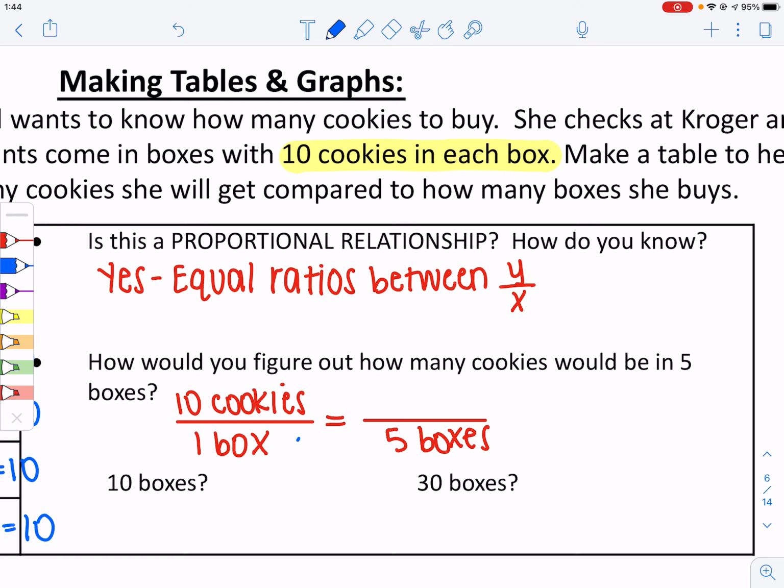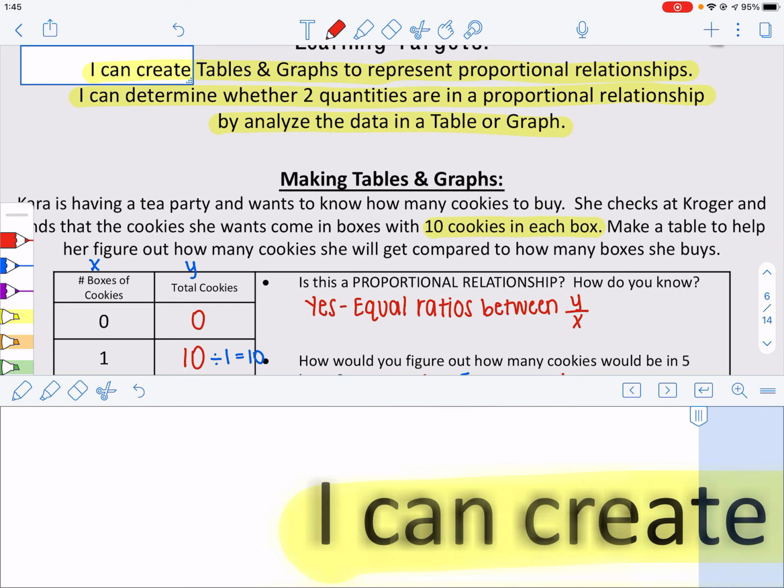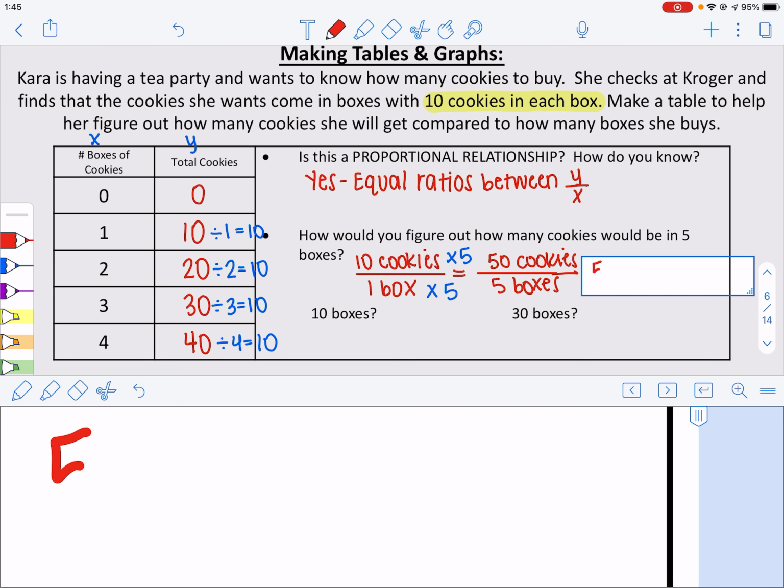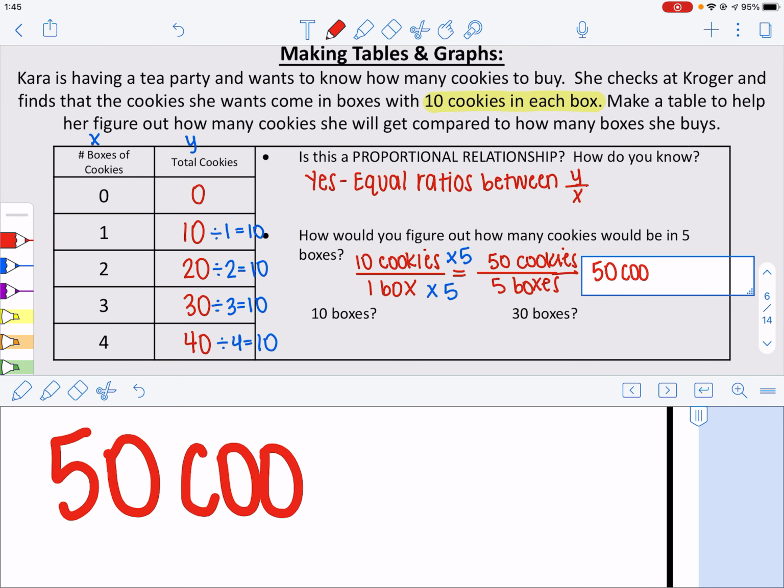If I'm moving from 1 to 5, I multiply by 5 and do the same thing at the top. So 10 times 5, I know I'll get 50 cookies. So that tells me there would be 50 cookies if I bought 5 boxes of cookies.